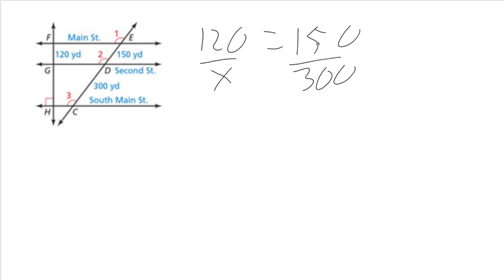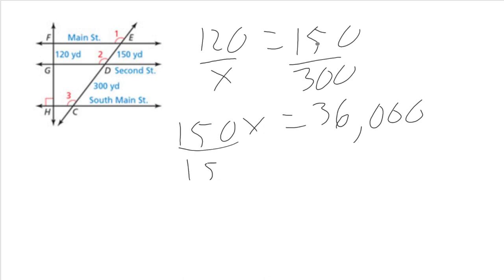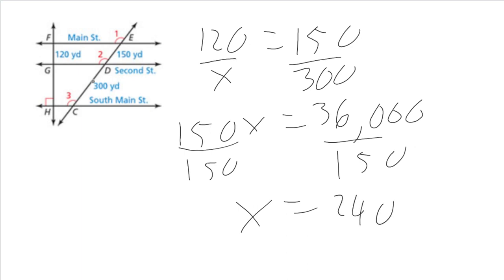I then cross multiply, so 150x equals 120 times 300, and I get 36,000. Divide by 150 on both sides. X is equal to 240. So the GH is 240 yards.